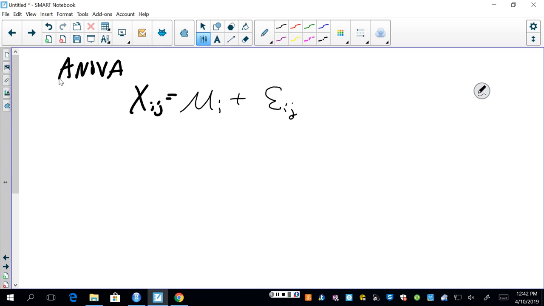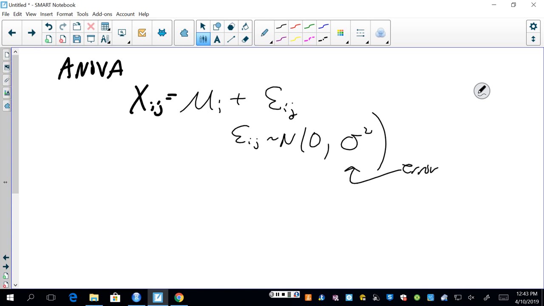And these errors are supposed to be normal around a mean of 0 with a variance of sigma squared. And so there's this error variance that's part of the model. And so how do we estimate that? The pooled estimate of that using all 4 groups together is the square root of the mean square error.